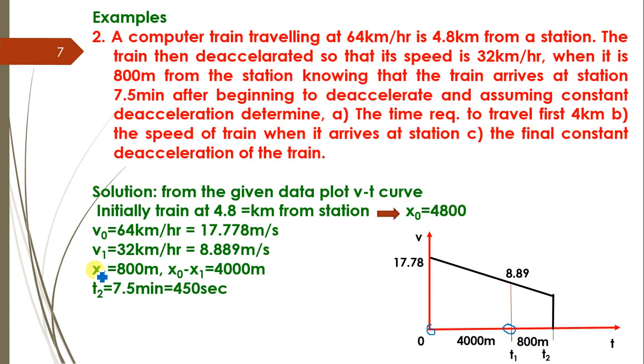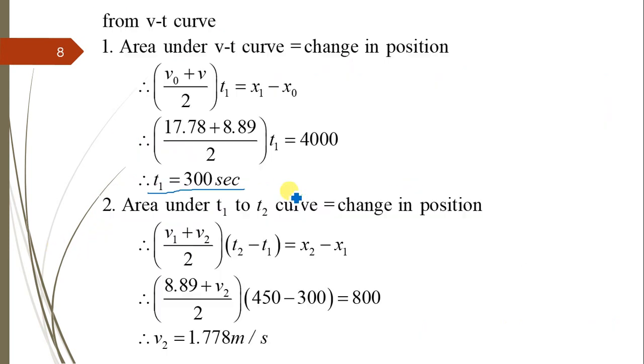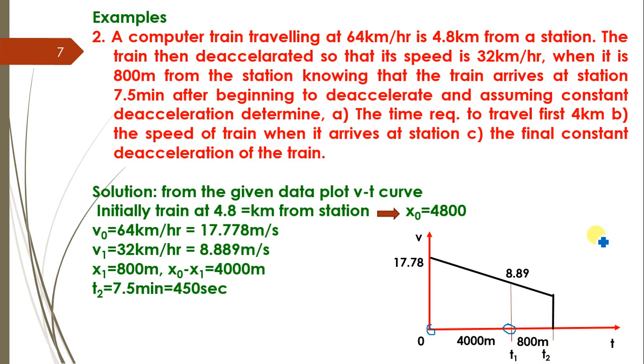Now the next thing asked is the speed of the train when it arrives at the station, the speed at which the train arrives at the station. Again considering the area under the VT curve from T1 to T2 as a trapezoid, here 8.89 and this will be V, the velocity at which it will arrive at the station. This point T2 represents the station.